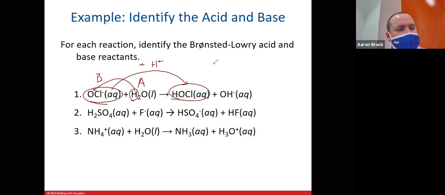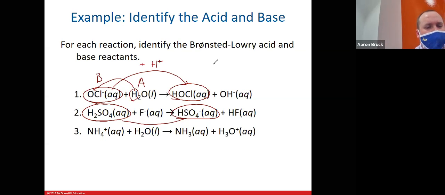In my second example, I've got H2SO4 reacting with fluoride. Once again, I can do this as a matched pair. H2SO4 and HSO4 minus. The only difference between the two is that loss of a hydrogen ion.